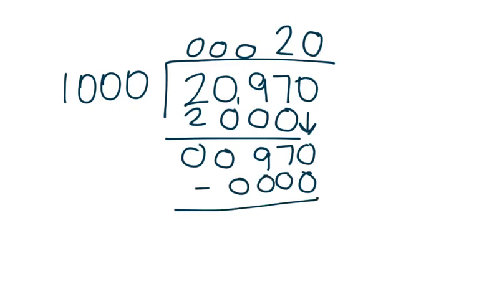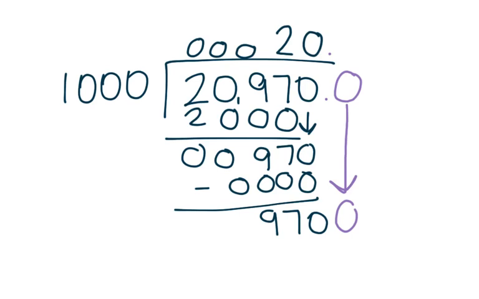Okay. So now we're going to add that decimal, even though it's always been there. We're going to show it now. And we're going to add a 0 and bring it down. 1,000 can go into 9,700 9 times.